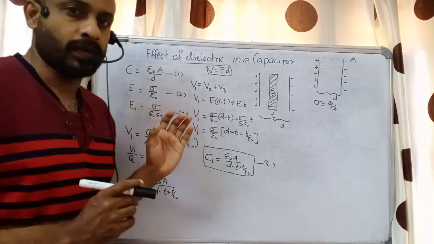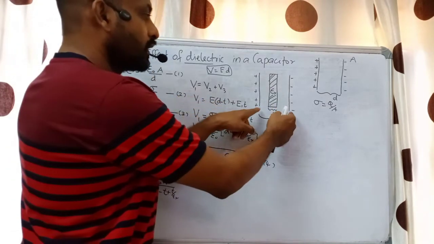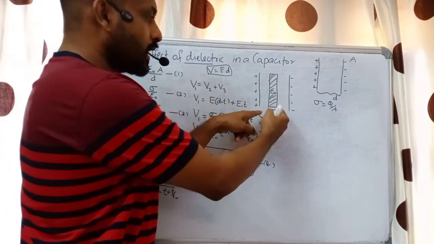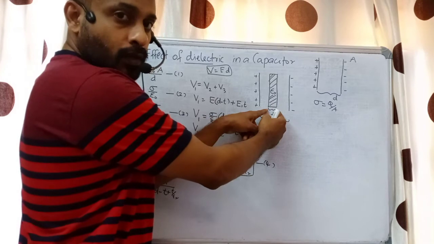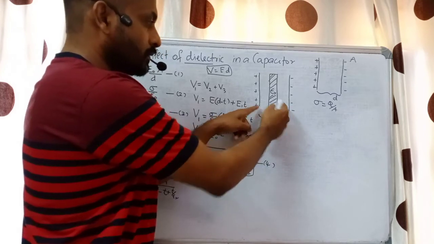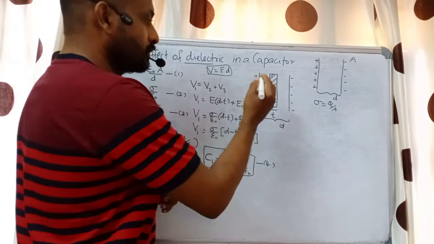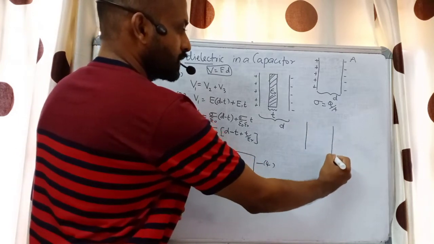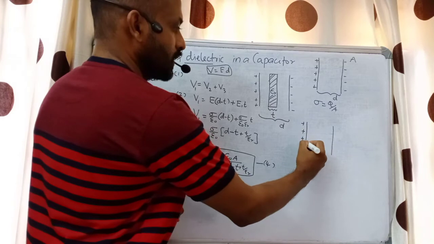Now we will see what happens when we completely fill the region with the dielectric medium. In this diagram we can see it is only partially filled. Now what happens when it is completely filled? When we completely fill, I will draw the diagram once again. This is the same capacitor as we have seen here.